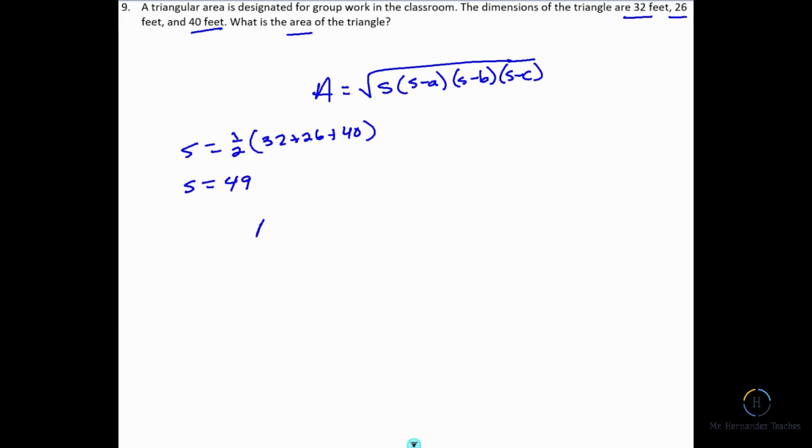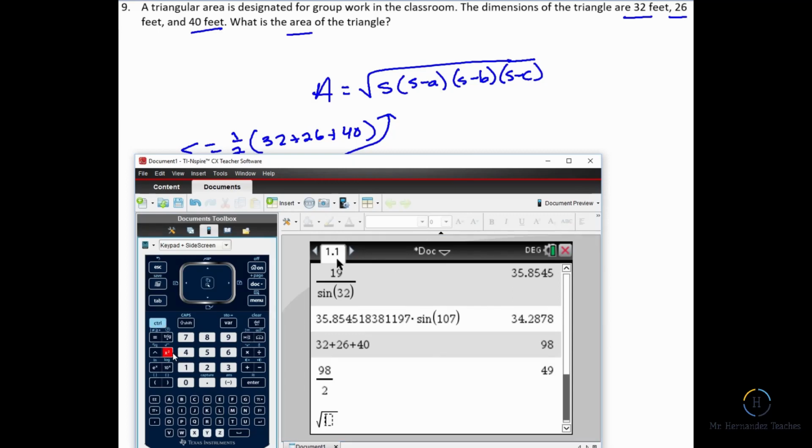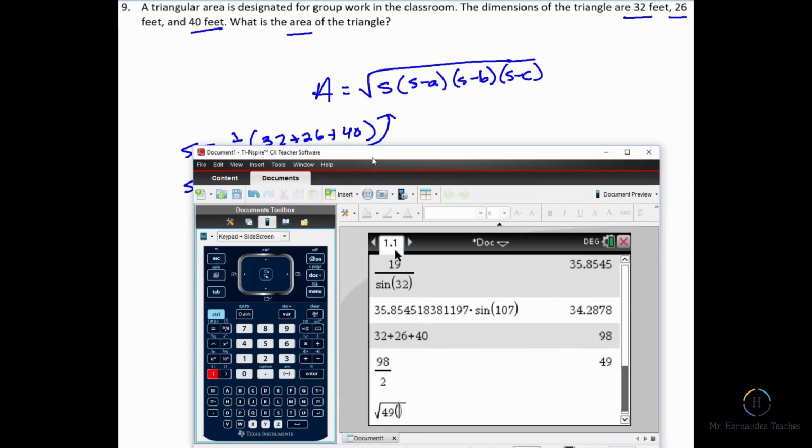And then using Heron's formula, we just put this S into all of those S's up above, and we go from there. So that's going to be the square root of 49, and then 49 minus 32, 49 minus 26, and then 49 minus 40.